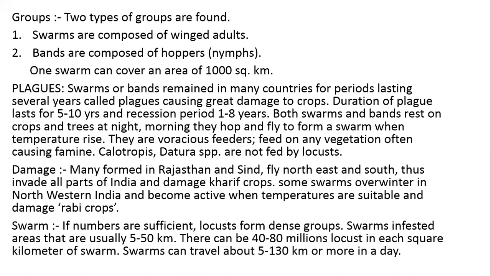Swarm. If numbers are sufficient, locusts form dense groups. Swarms infest areas that are usually 5 to 50 km. There can be 40 to 80 million locusts in each square kilometer of swarm. Swarm can travel about 5 to 130 km or more in a day.